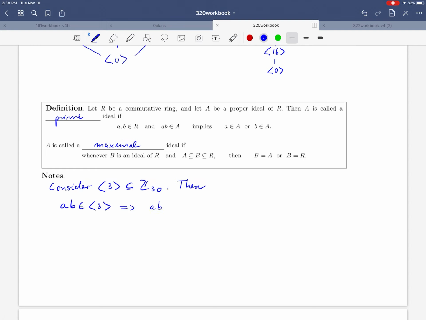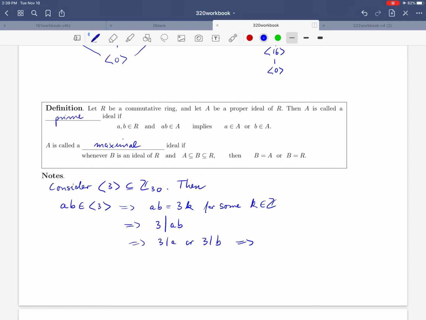Well, we have a times b is some multiple of 3, so it's equal to 3k for some k in Z. But if ab is equal to 3 times k, another way of expressing this is to say that 3 divides ab. But if 3 divides ab, then 3 has to divide a, or 3 has to divide b, because 3 is prime.